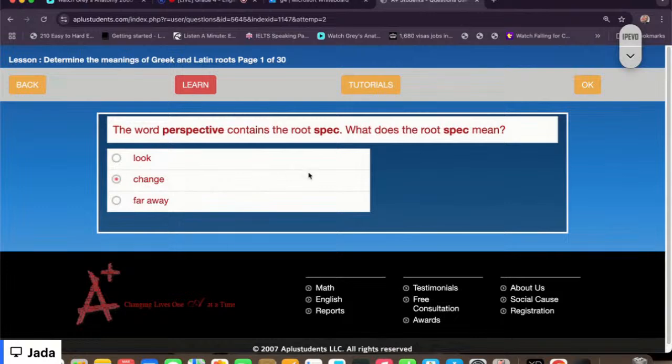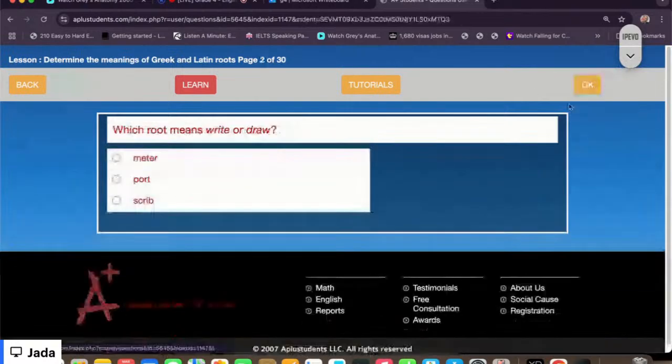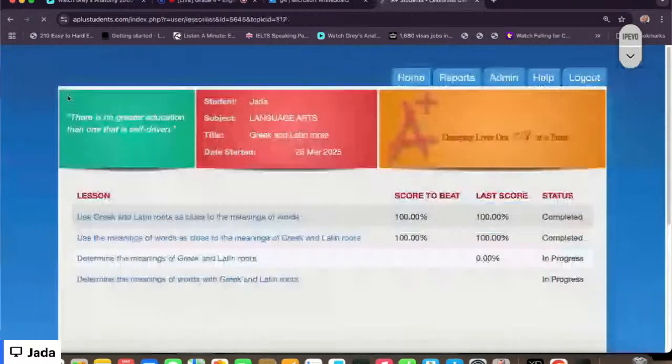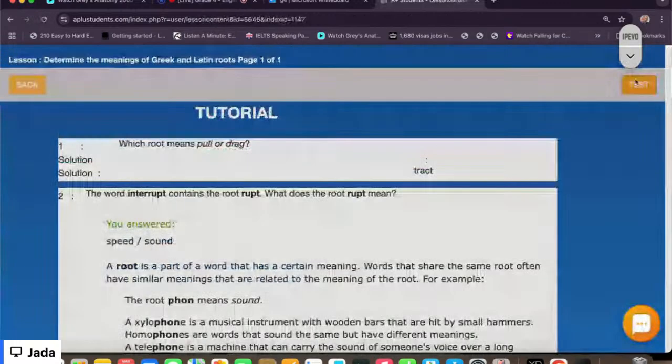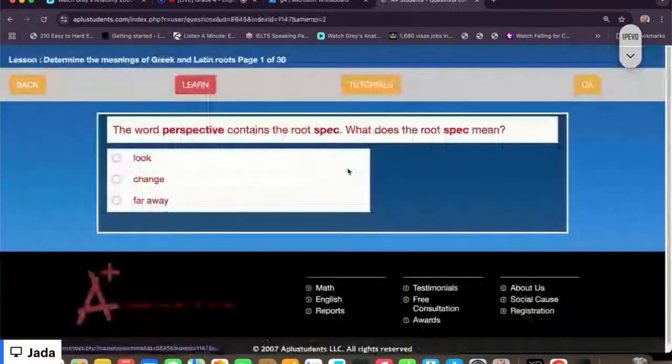Okay, it's actually the first. So in perspective, the meaning of the root spec is to look.